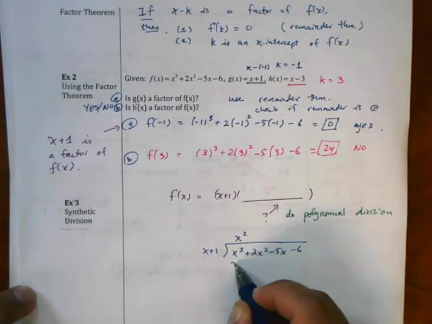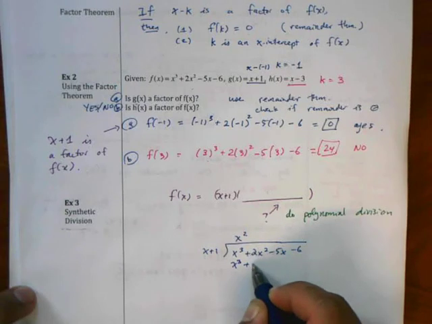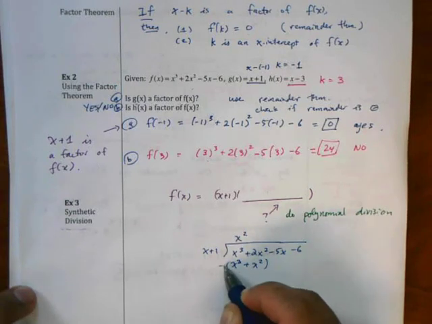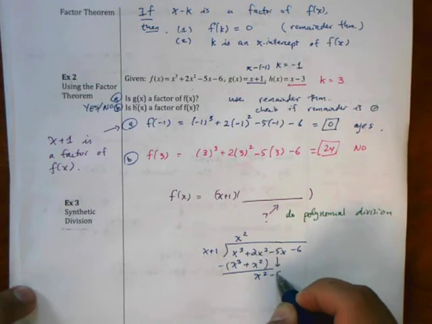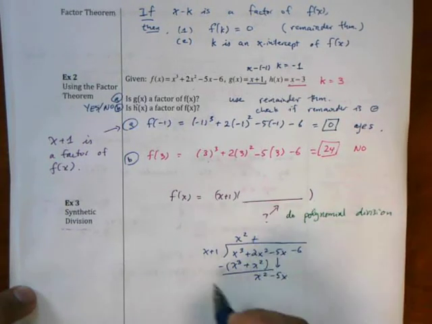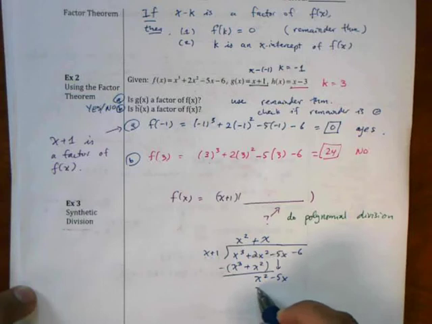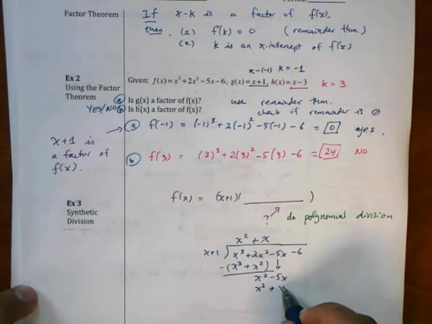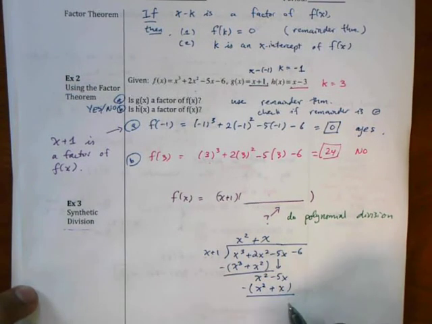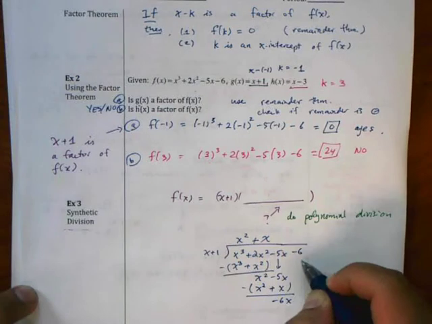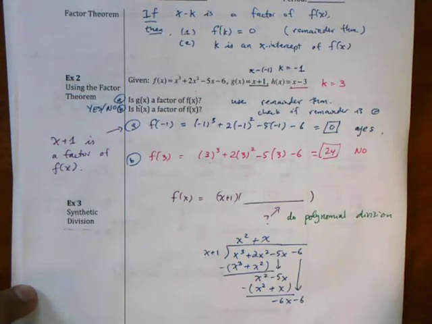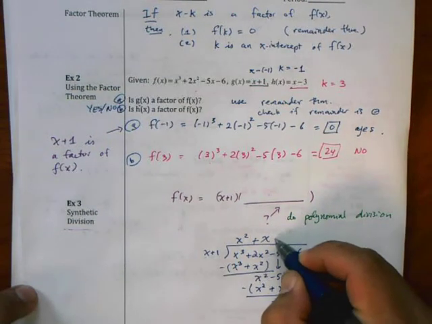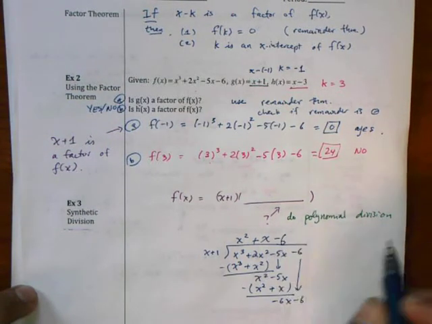Multiply this out, you get x to the third plus x squared. Subtract the quantity, you get x squared. Bring down the negative 5x. This is going to give you x squared minus 5x, so the next term is x. Multiply this out, you get x squared plus x. Subtract the quantity, you get negative 6x. Bring down this negative 6 here, and you get negative 6x minus 6.